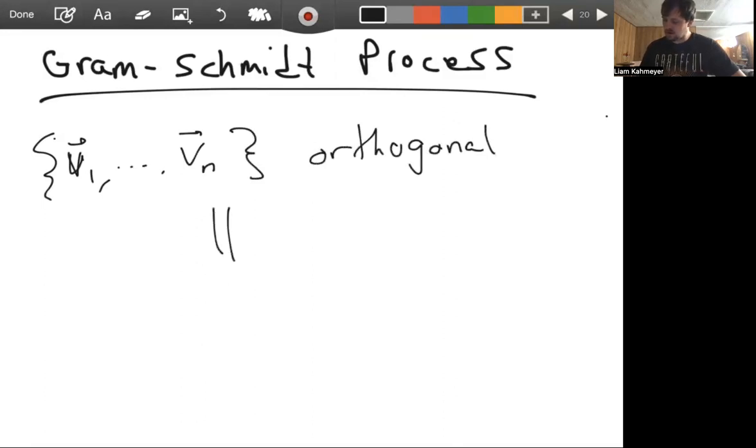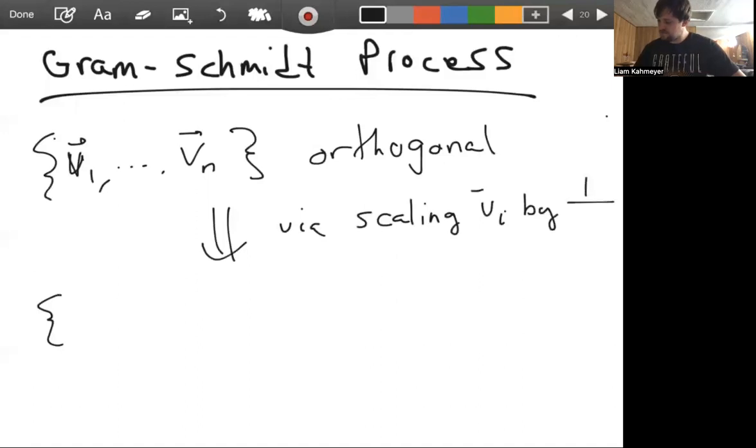We constructed an orthonormal set of vectors such that their span was the same. These vectors generate the same subspace, via scaling Vi by 1 over the magnitude of Vi.